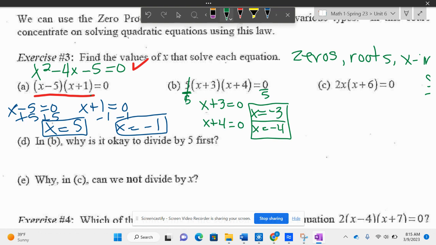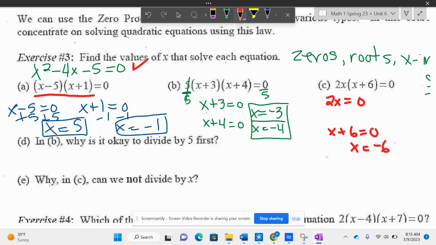Let's do example C. So example C, I have 2x equals 0, or I have x plus 6 equals 0. If I use Reese's idea of them being opposites, x plus 6 equals 0, that means x equals what? X equals -6.